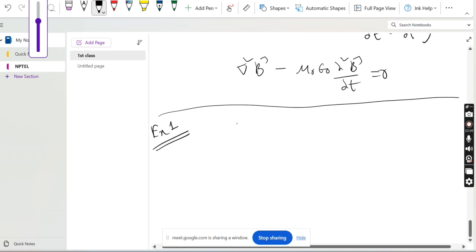Now let us discuss some mathematical problems. For what has been taught this week, these are very preliminary ideas around waves, so the examples are very easy and very simple. Let us start with a very basic example.